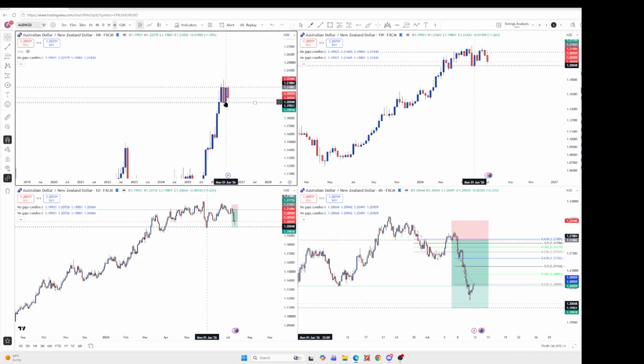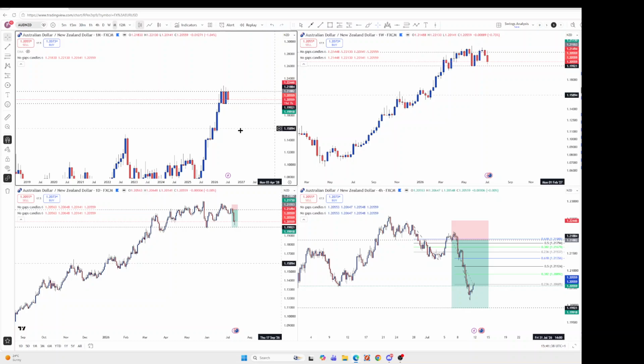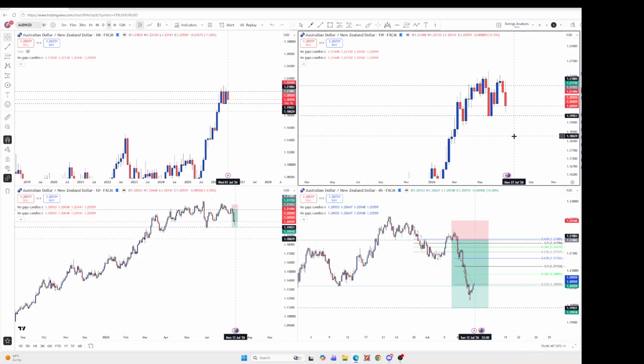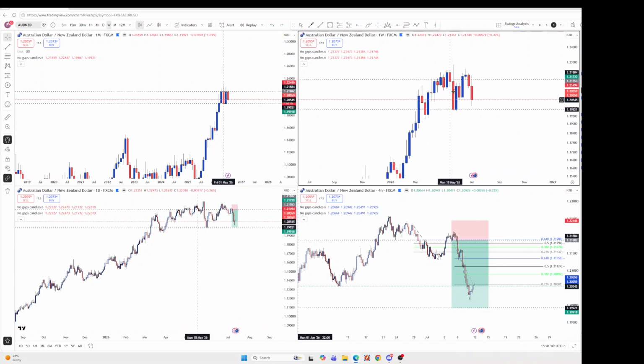Despite that, I was looking to sell because I had evidence of a sell. On my weekly time frame, price had come up, and I was taking this trade off this weekly candle here, which is a nice big red candle.